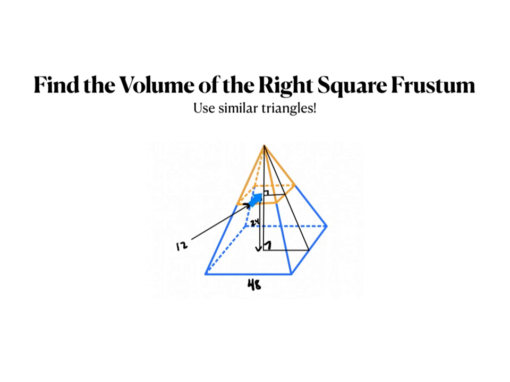and I'm going to be able to use that fact to find this length. Now, I already know the length of this leg of my top right triangle, and that's because it's half the length of the square base on this pyramid. So if this side is 12, I know that this segment is 6.